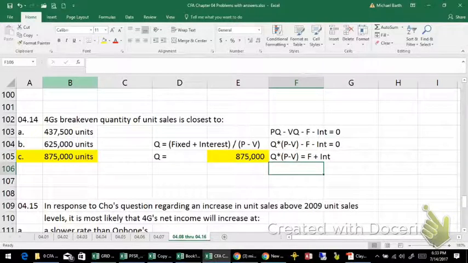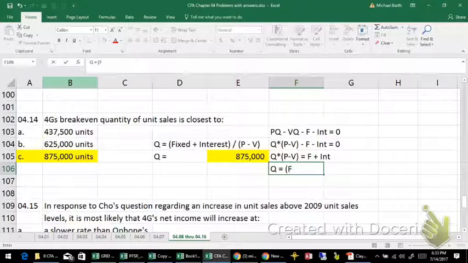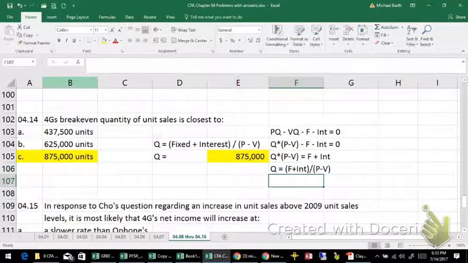Then divide both sides of the equation by P minus V, and that way I get Q equals the fixed expenses plus the interest, divided by P minus V. Just pure algebra.